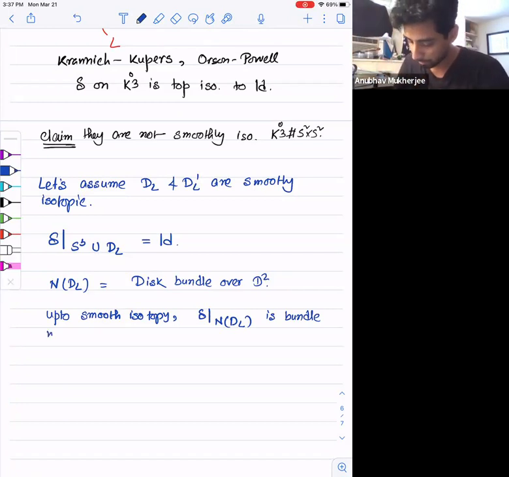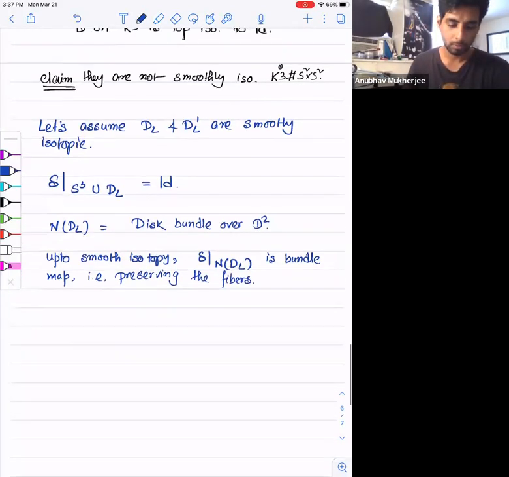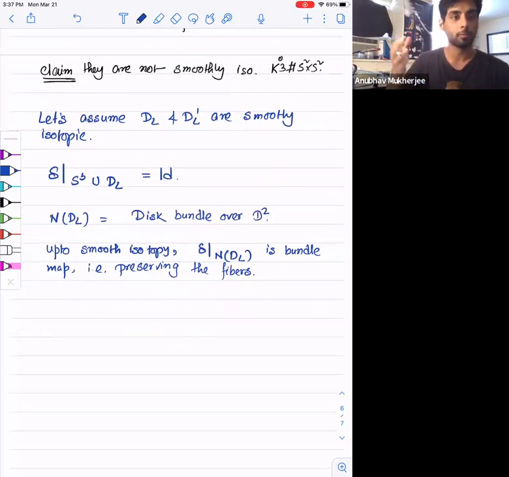So everything is going smoothly right now. Since it's preserving the fiber, that means we have a map from the base to the diffeomorphism space of the fiber.